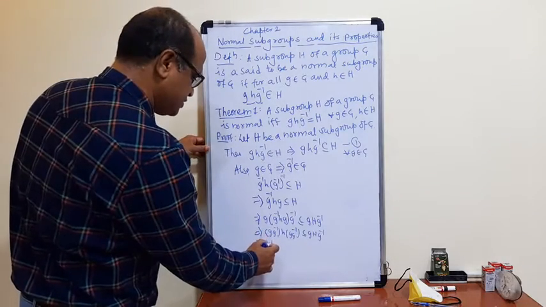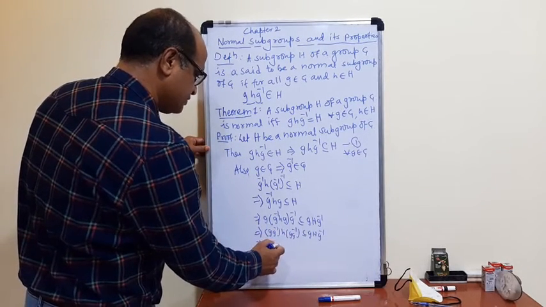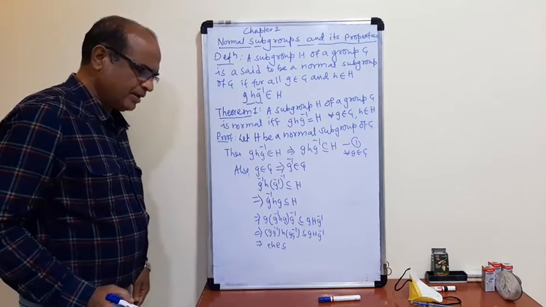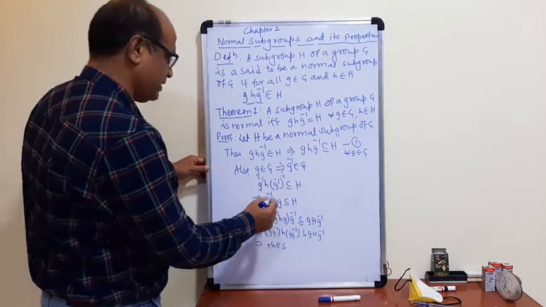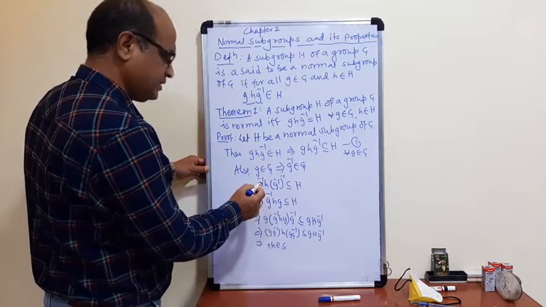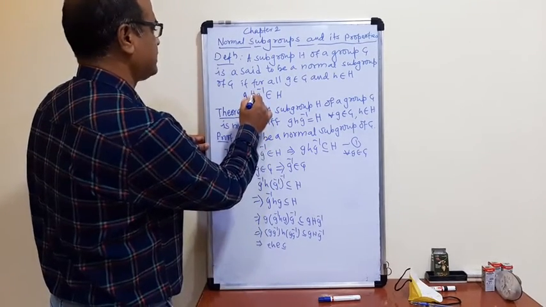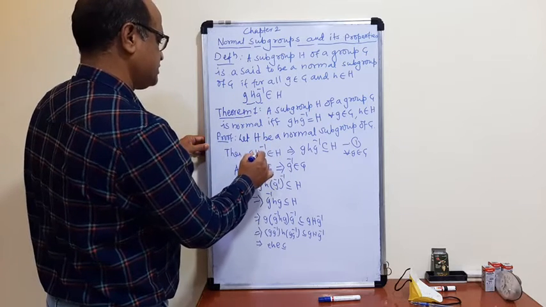So e into H into e is contained in g H g inverse. So this is capital H here.